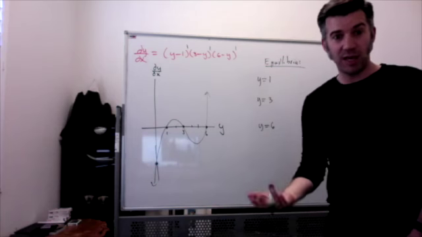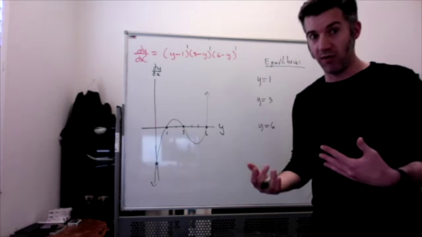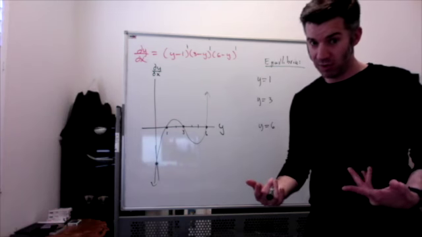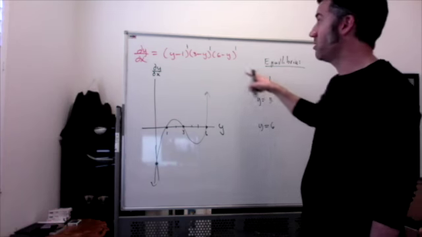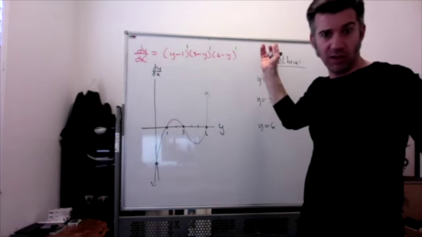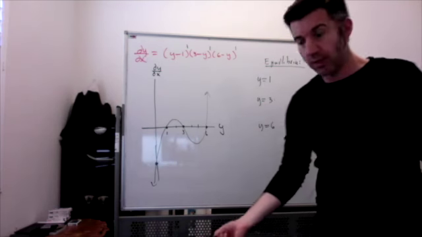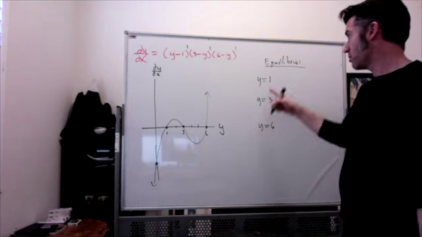An equilibrium is just where the function itself, y, isn't changing. If y is 1, then dy/dx is equal to 0 times something, so it's 0. And if the derivative is 0, that means nothing is changing. So these are all equilibria.